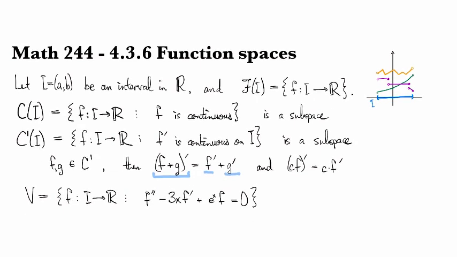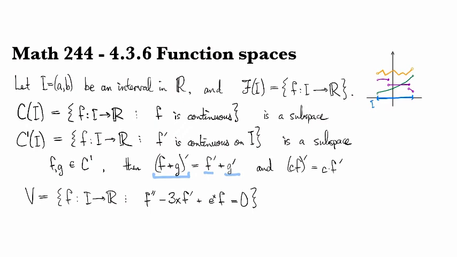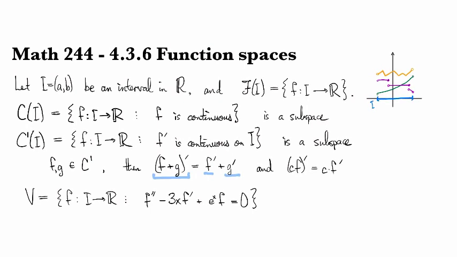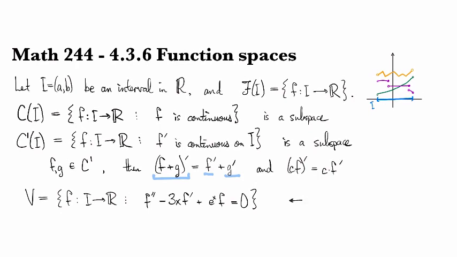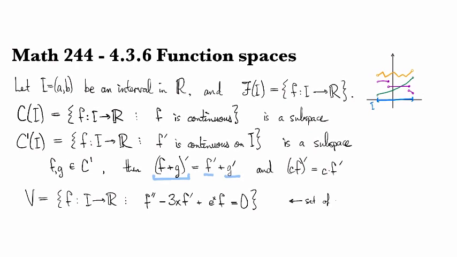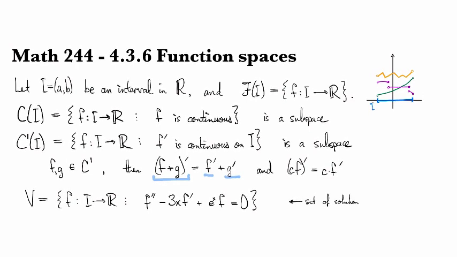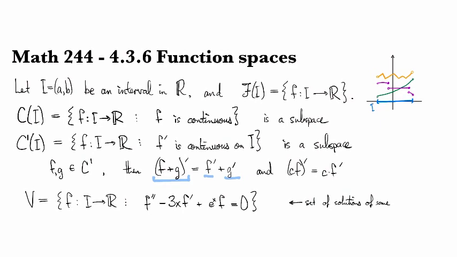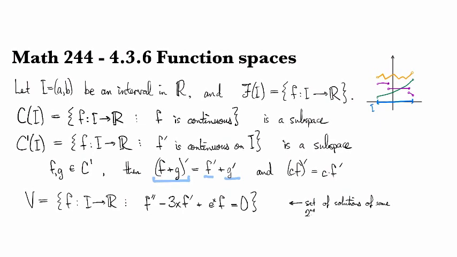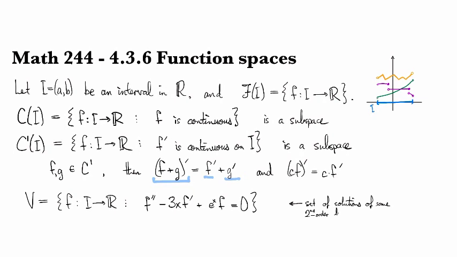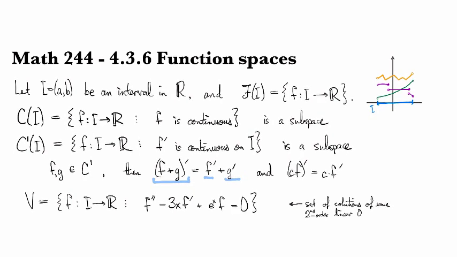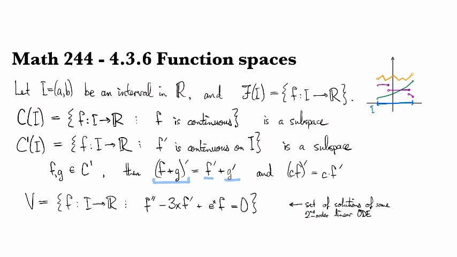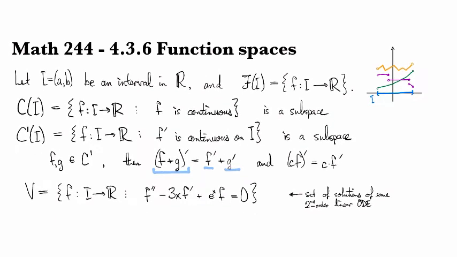Well, let's see. Is this a vector space? So what am I asking? I'm asking if the set of solutions of some second order linear ODE is a vector space?